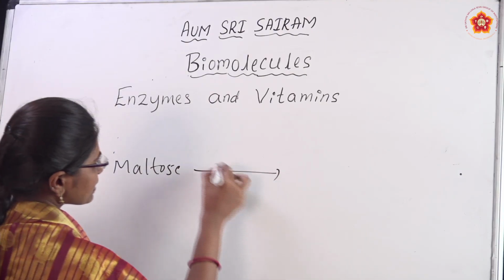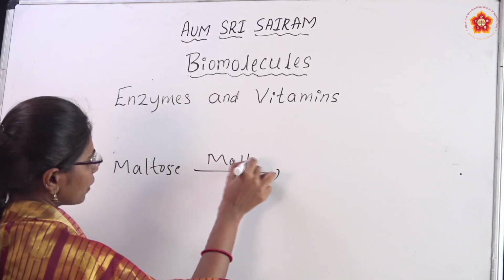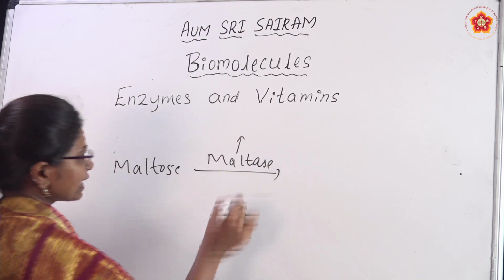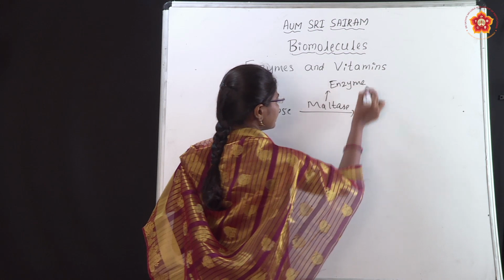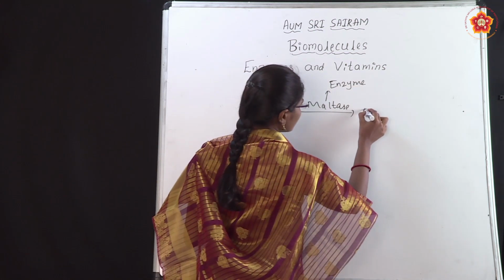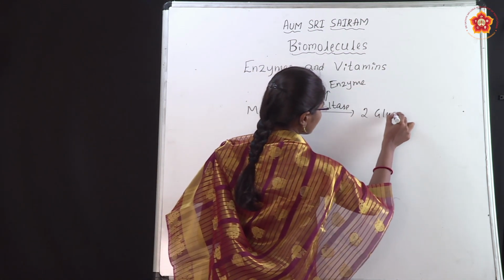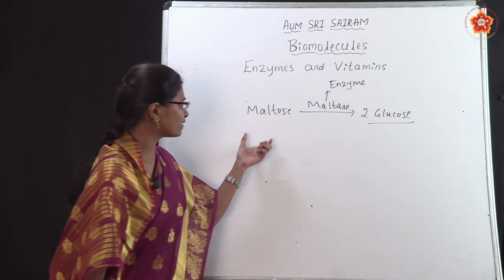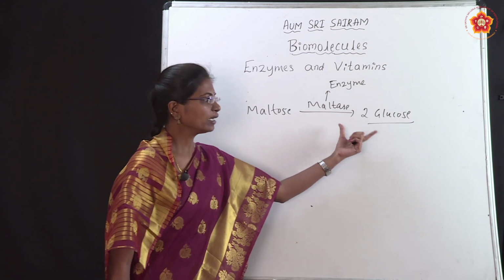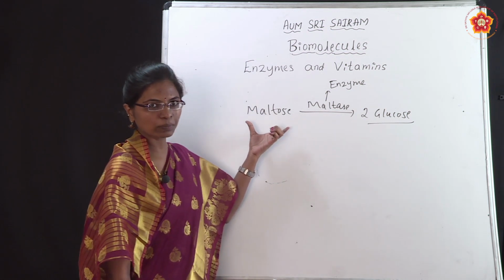Maltose in the presence of maltase; here maltase is an enzyme, and it gives 2 molecules of glucose. We have studied the structures of maltose and glucose in carbohydrates.